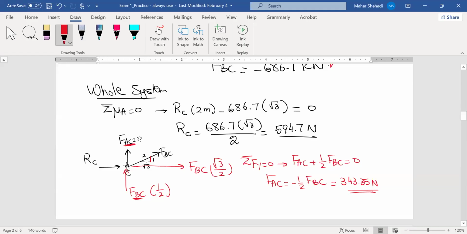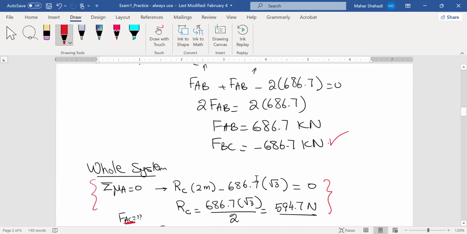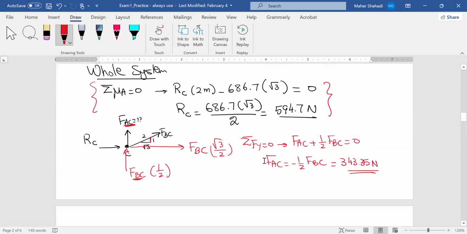Again, I could have started from this joint, which I should, just to check if I need to solve some extra steps, because it turns out I don't need this, because we already solved for FBC. I already solved here for FBC. So I only need the y direction of this force at this joint, the force balance, and then we can find FAC.